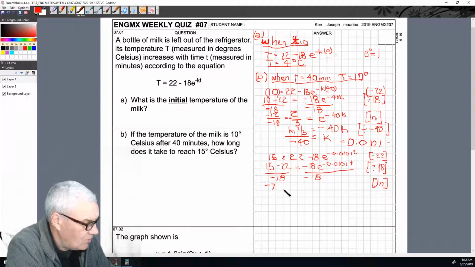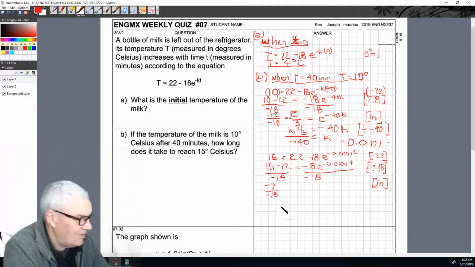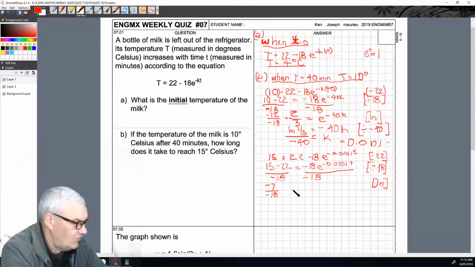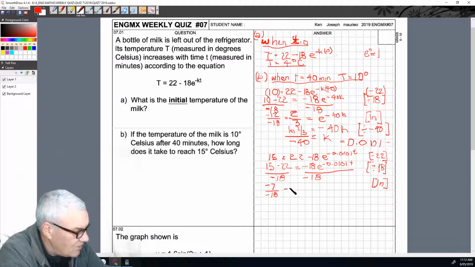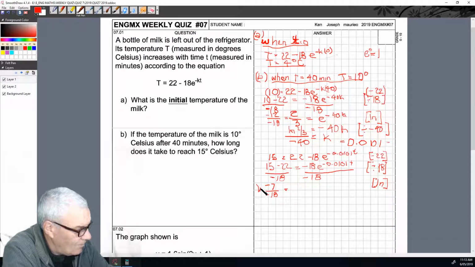So we're going to get now negative 15 over negative 22 is negative 7 over negative 18. Yeah, negative 7 over negative 18. And we're going to take the log of that. Okay, now the negatives will cancel out.